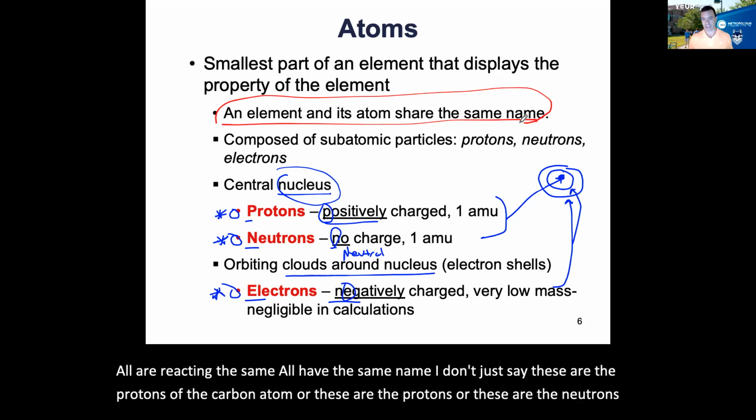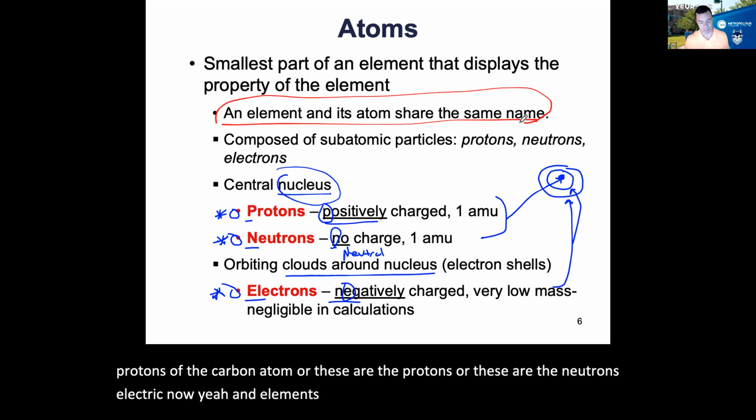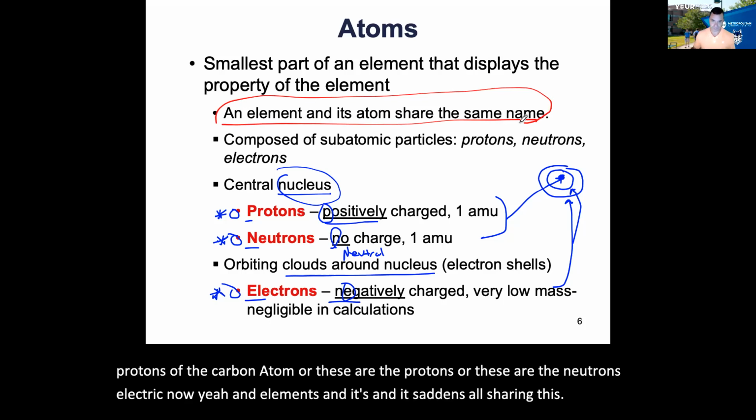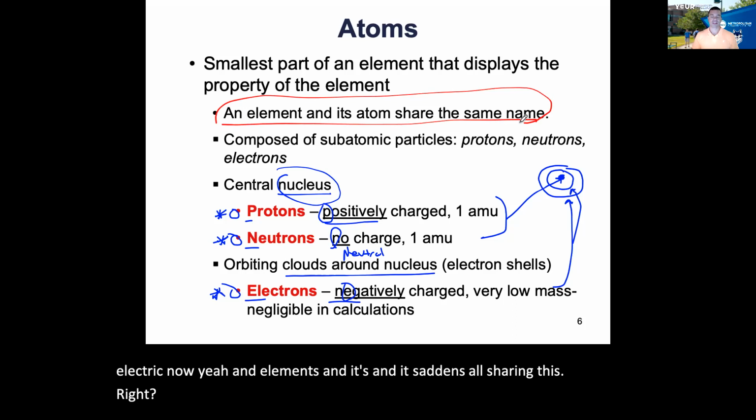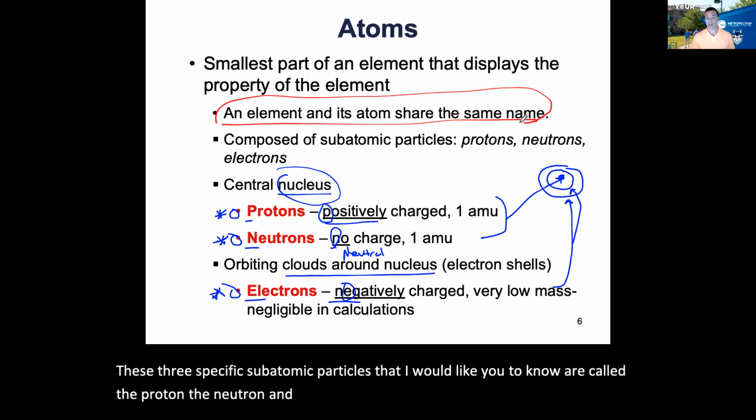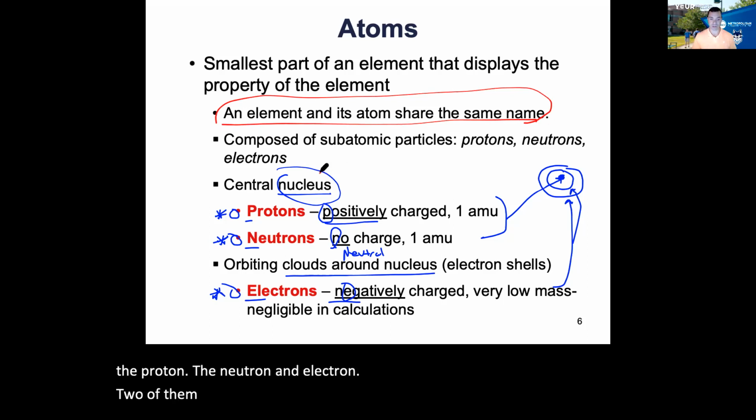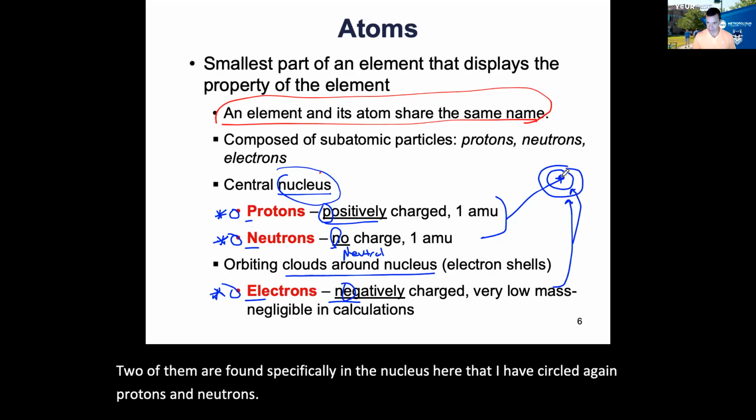Nah, the element and its atoms all share the same name, all right? These 3 specific subatomic particles that I would like you to know are called the proton, the neutron, and the electron. 2 of them are found specifically in the nucleus here that I have circled. Again, protons and neutrons. So they're within the center right here.